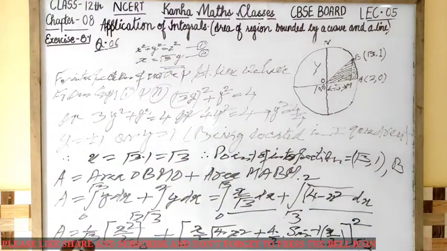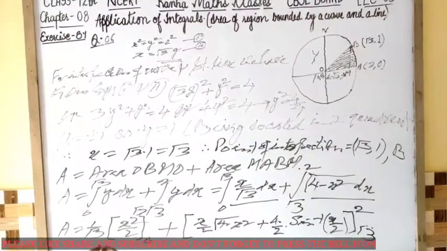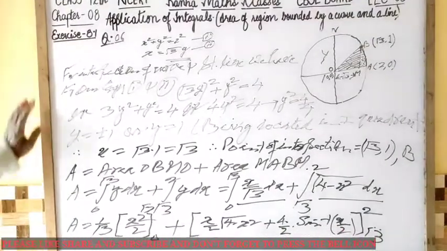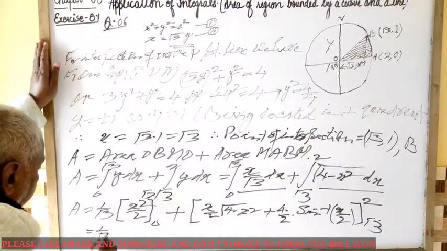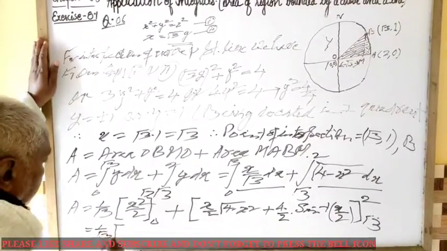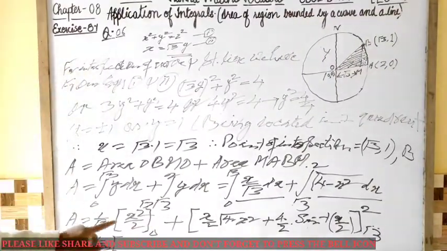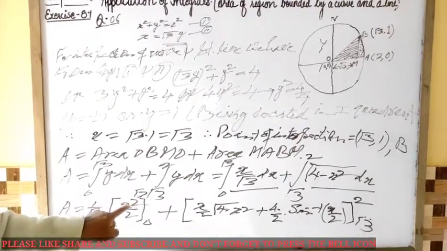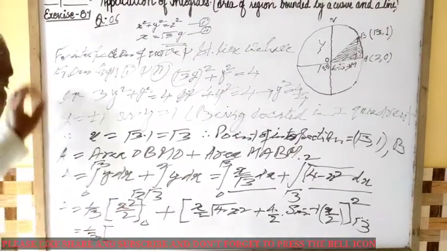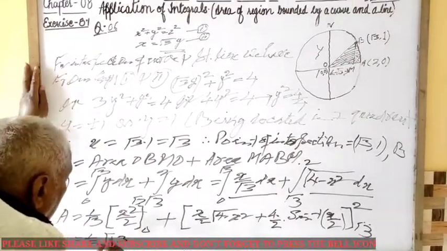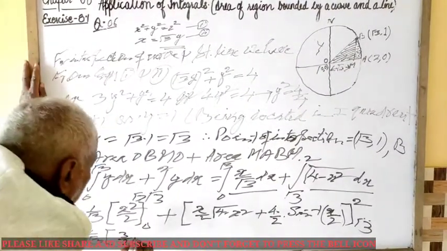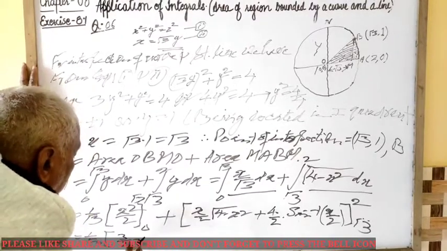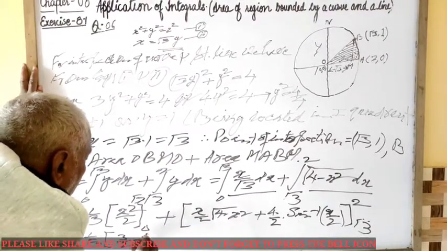Now, 1 upon root 3, by substituting root 3 instead of x, this will be 3 by 2, and 0. If you substitute 0, this will become 0.